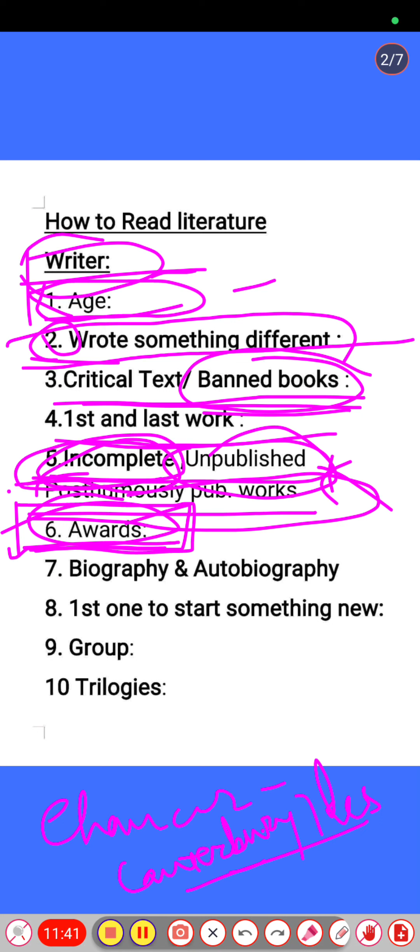Now the next topic that we have is biography and autobiography. Biographies are very important. Autobiographies are also important, because in the recent 2024 NET exam, this type of questions were there, just like My Experiments with Truth, Akarmashi, Joothan, Long Walk to Freedom, Patrick White's Life.